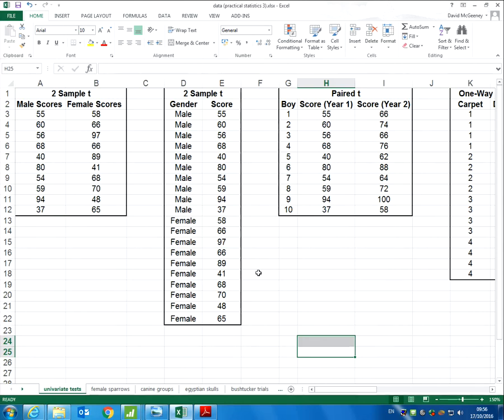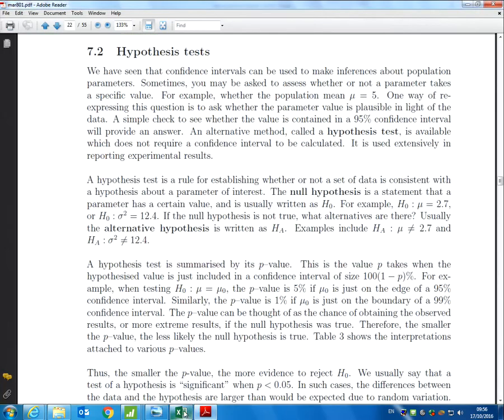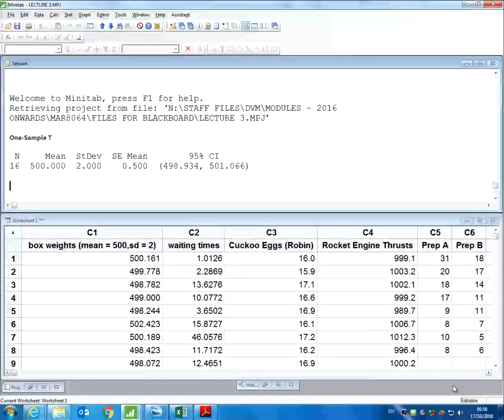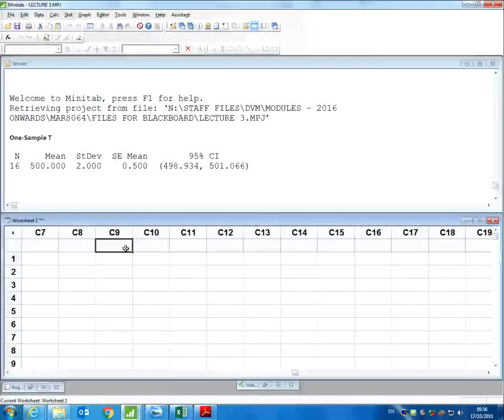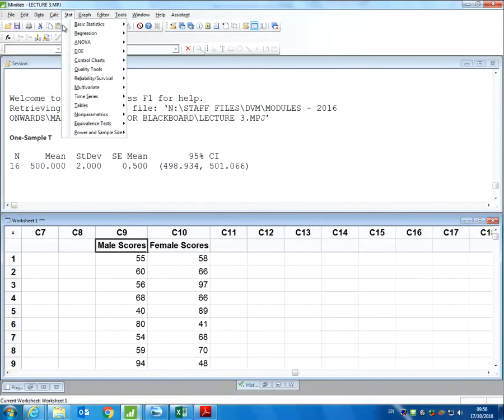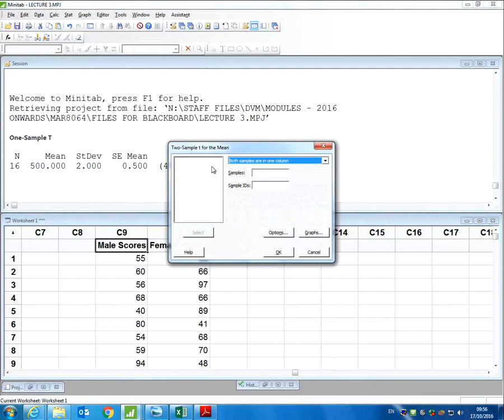Okay, so just as we finish, I'm going to run one test for you in Minitab so you can see it. And I want you to help me to interpret it. Okay, so I've got a 2 sample t here. It's not the paired t-test.